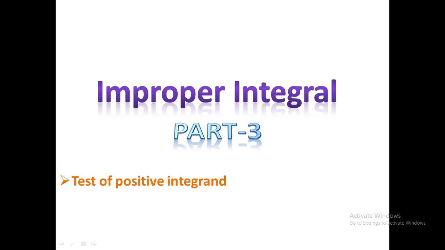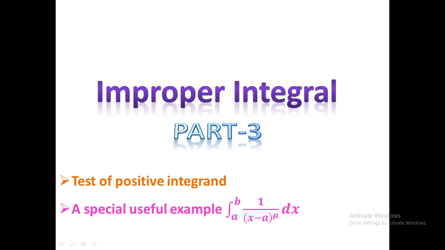Some discussion about the test of positive integrand is given in that video, and then I gave a special example of convergence of improper integral, which is 1 by (x minus a) to the power mu dx. Clearly the integrand is positive and it has infinite discontinuity at the left boundary only. It is very useful. And at last there is a theorem, the comparison test, and I gave some examples of comparison test.